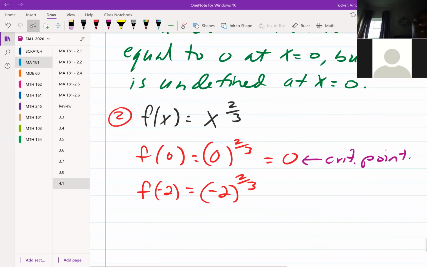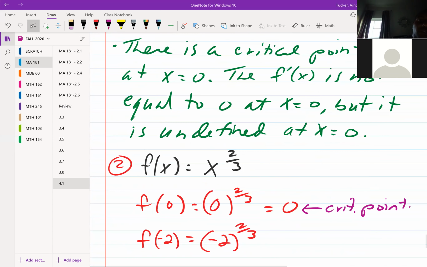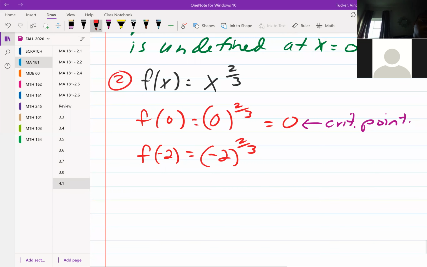Now plugging in our endpoints. Don't forget, when it comes to your exponent being fractions, the top number, your numerator, is your power. The bottom number is your radical, or the index of your radical.